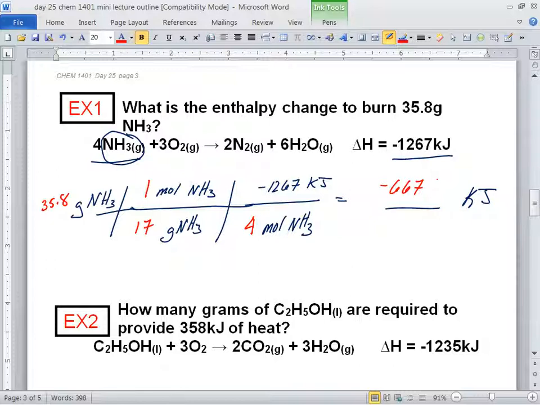How many grams of ethanol are required to provide 358 kilojoules of heat?